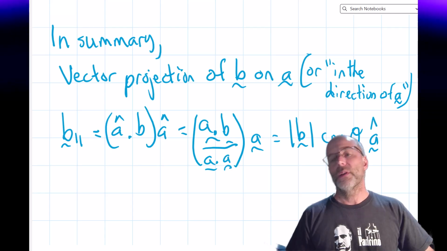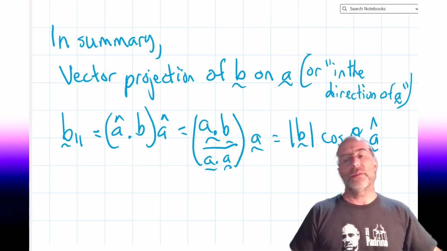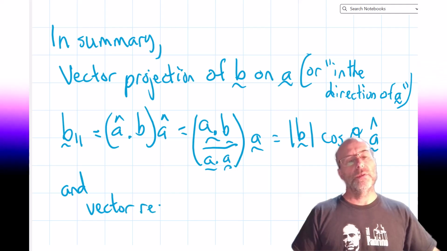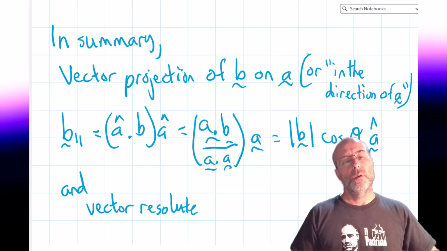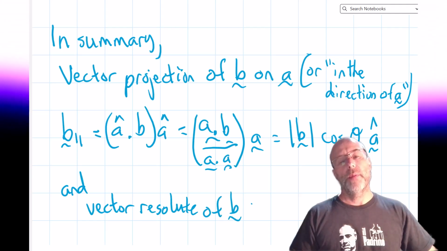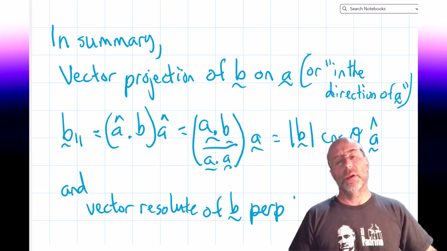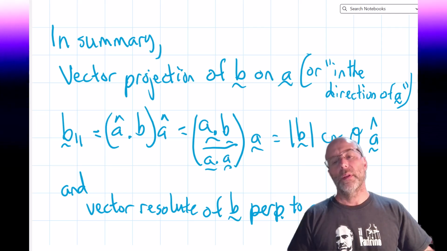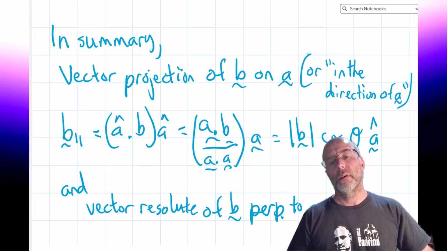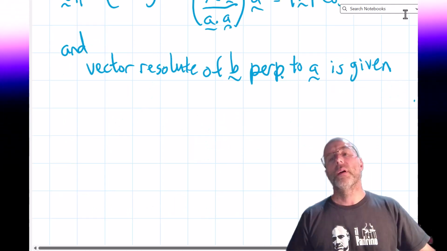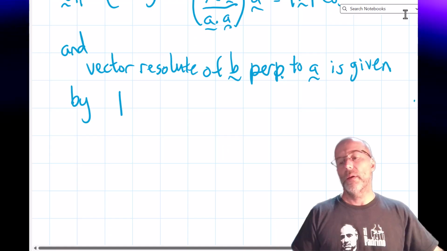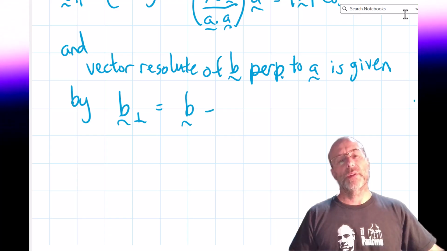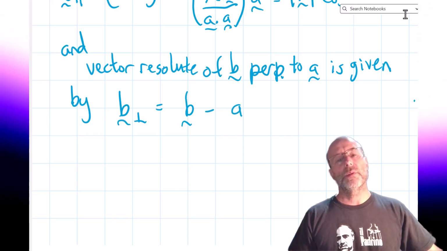So that's that one, and we've got the vector resolute of B perpendicular to A, which is given by, remember, that vector subtraction, so we just take off the one above there.